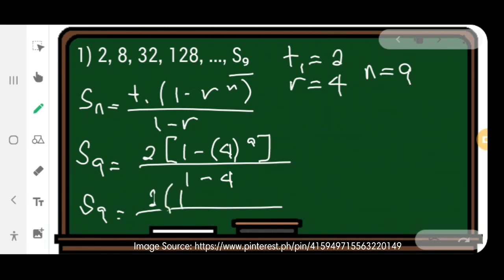So, 4 raised to 9 is 262,144. And then subtract 1 and 4. So, 1 minus 4 is -3. After that, we are going to subtract 1 and 262,144.